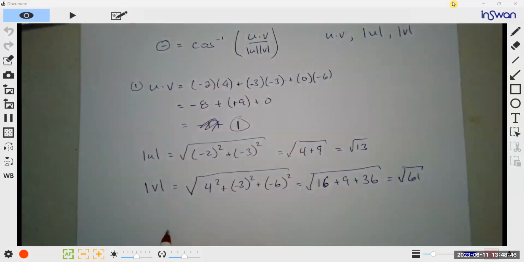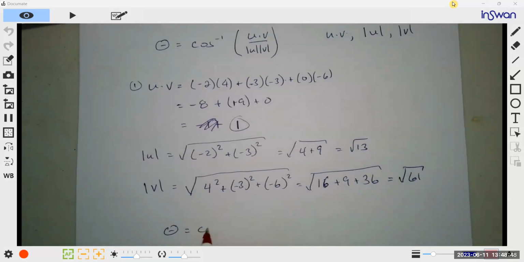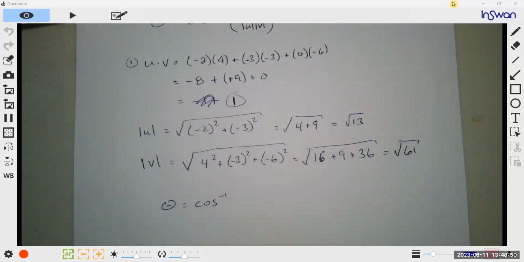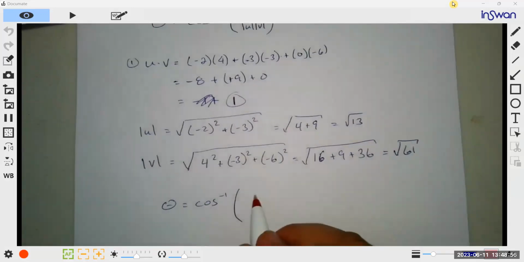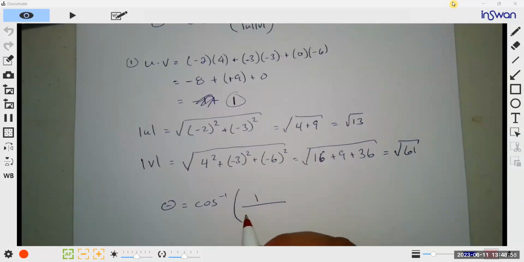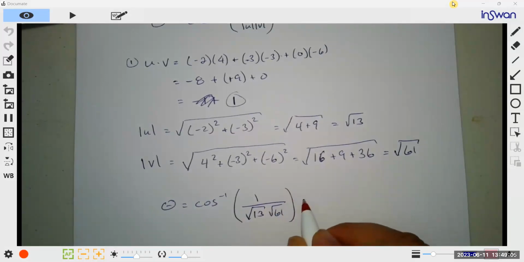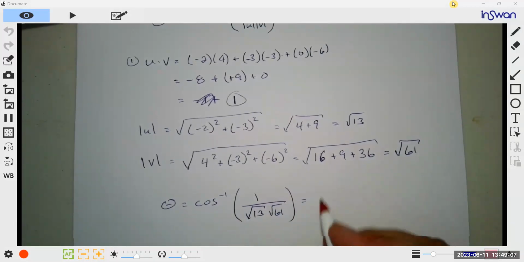Okay, so I have all the pieces. The inverse of cosine, u dot v is 1, over radical 13 times radical 61. I put that in the calculator.